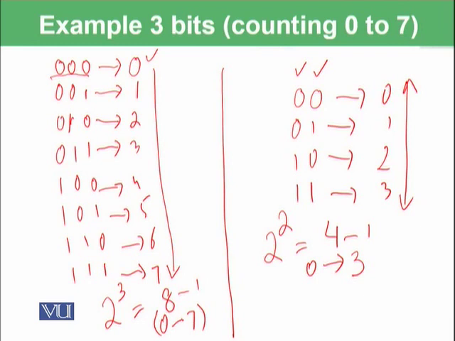So we are getting a formula: we need to write the number of bits as a power of 2, then we can see how many actual numbers we can represent, and we then put a minus 1 at the end to have the maximum number which can be represented. Let's see whether it holds for 4 bits or not.